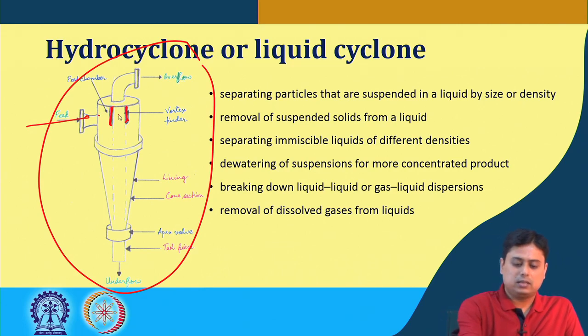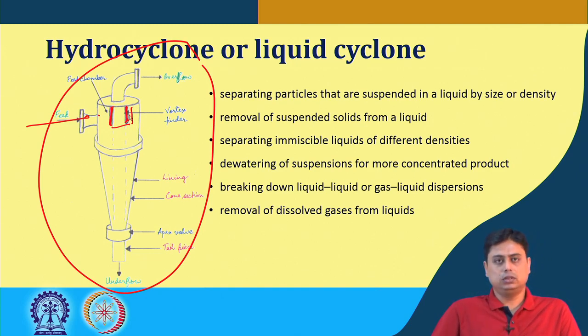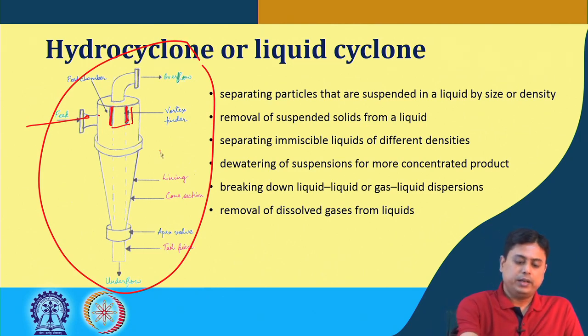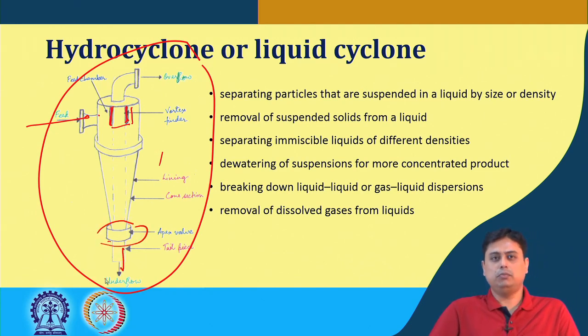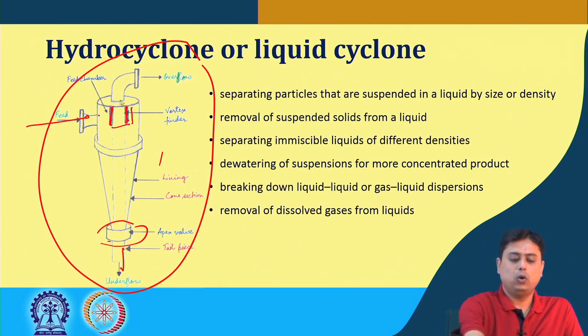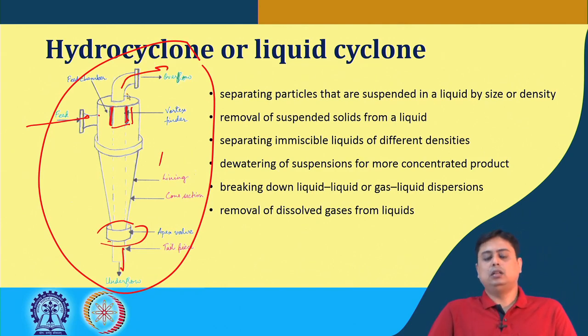The depth from the top surface is one of the design parameters in both cases, be it the gas cyclone or the liquid cyclone. And this is the conical section, and this is the valve, and this is the underflow where the solid particles are collected, and this is the overflow section, where the liquid phase is withdrawn, along with which some finer particles also escape.